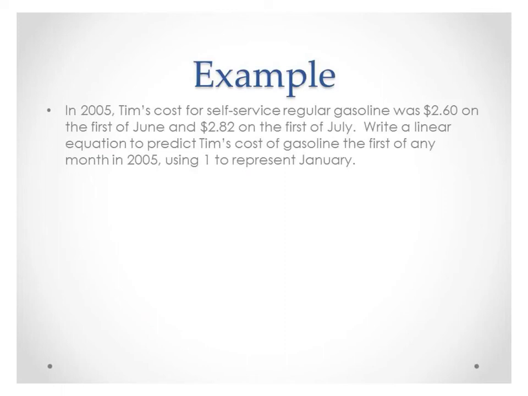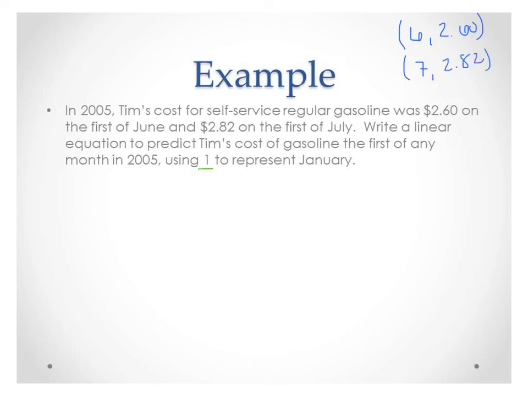Okay, so we're going to think if the price of gas was linear, and 1 represents January, and remember time always goes on the x, the two ordered pairs we're looking at, let's see here, June would be the 6th month at 2.60, and July would be the 7th month at 2.82.